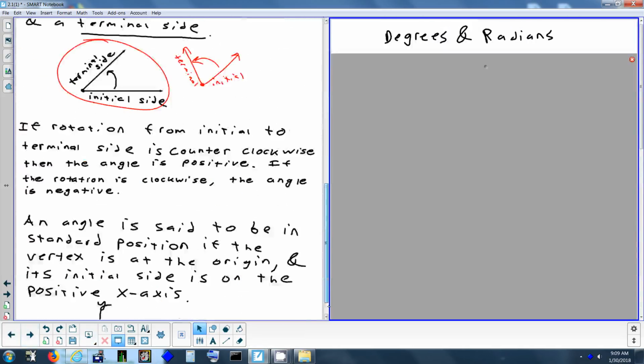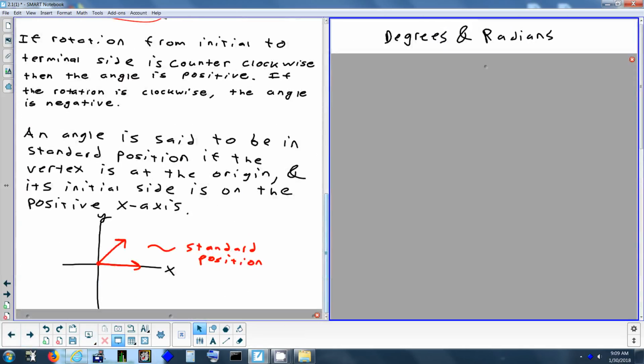All right. So now that we know what an angle is, we know how to draw it, we know the parts of it, and we know the directions when you measure that come out positive and negative, we're going to talk specifically about the units that we use to measure angles. The two units that we use are degrees and radians.